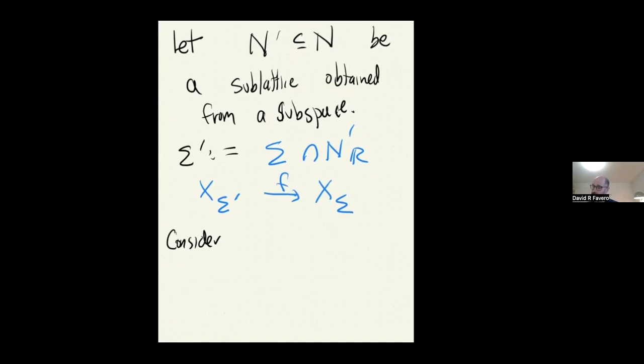And so now you can take the push forward of the structure sheaf of this subvariety, essentially this subvariety. And we can say, okay, can we resolve this thing using topological methods, right?